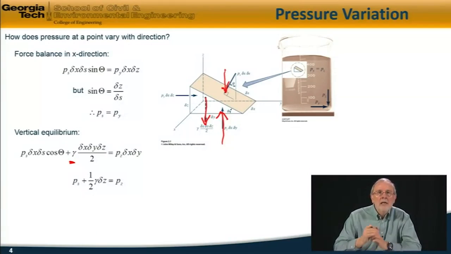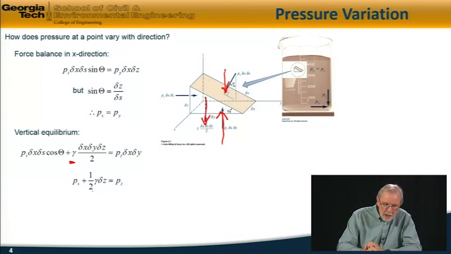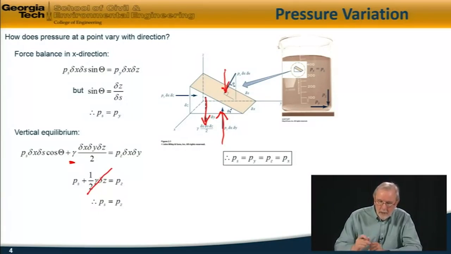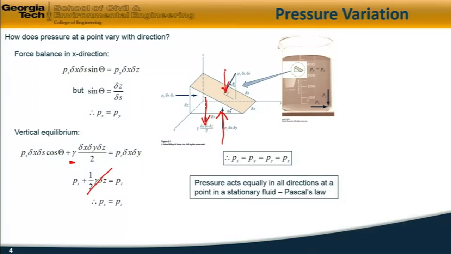Now, as I shrink this element down to a point, delta z tends to 0, so that term goes out. So we get the very simple result again, that Ps is equal to Pz. Putting this together, Ps is equal to Py is equal to Pz, which brings us to the very important conclusion that the pressure acts equally in all directions at a point in a stationary fluid.